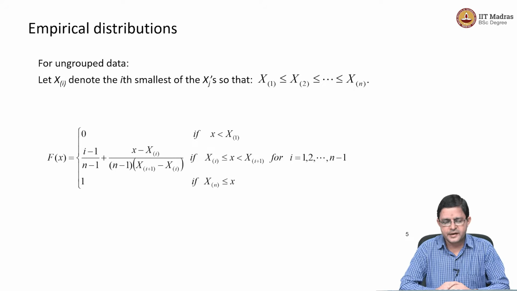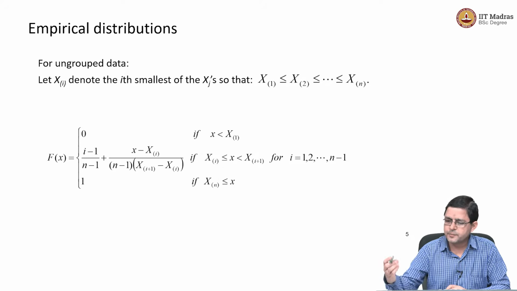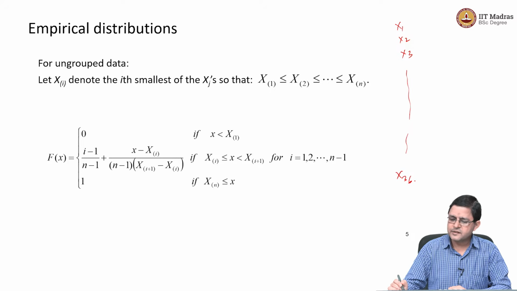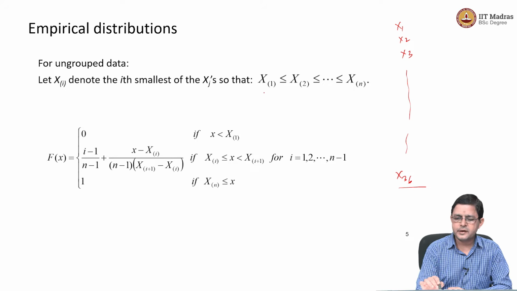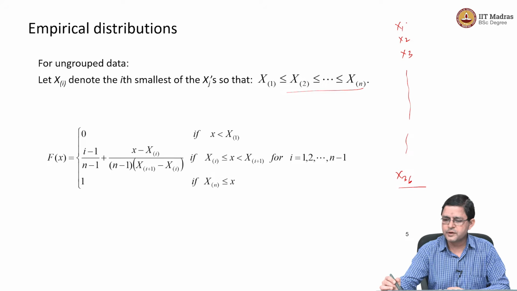Let us take an example of how to build an empirical distribution. Let us say the data is ungrouped. Let us say that we have collected x1, x2, x3 values, all the way to x36. These are our 36 sales volume data for 36 months in our data set. Now, we are going to arrange them in ascending order. x1 was the first value that was recorded, in the first month, right.